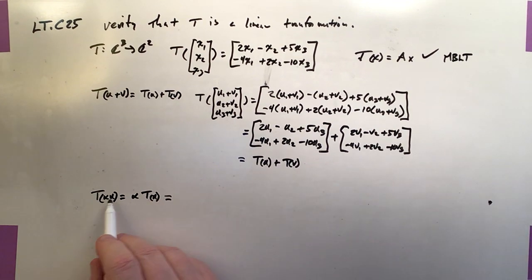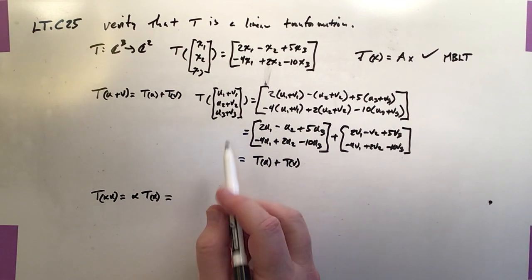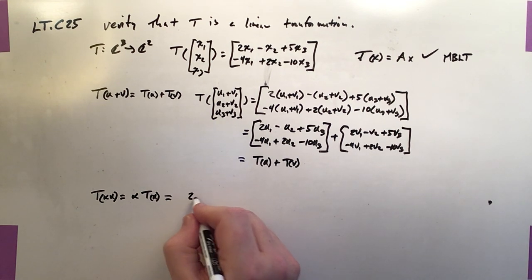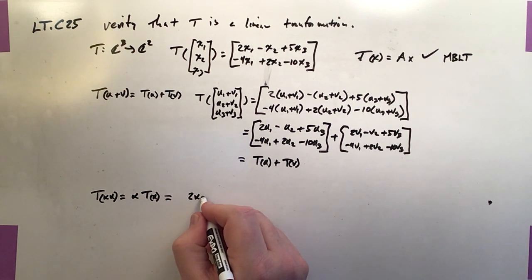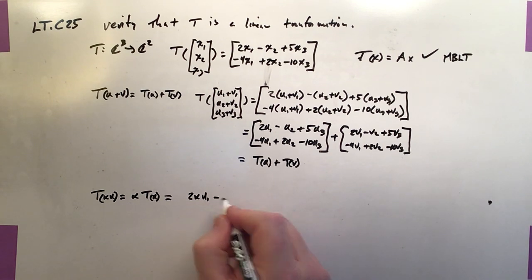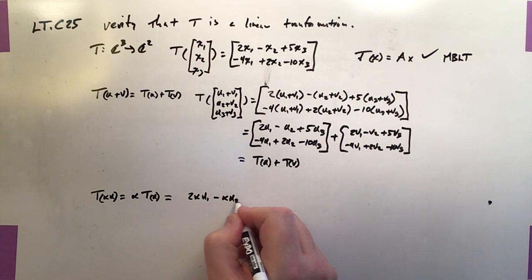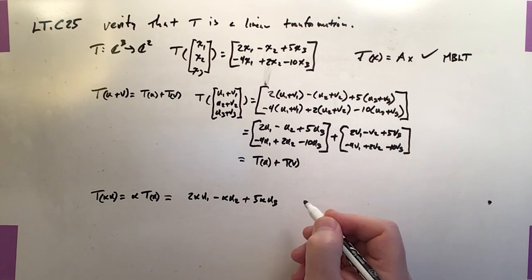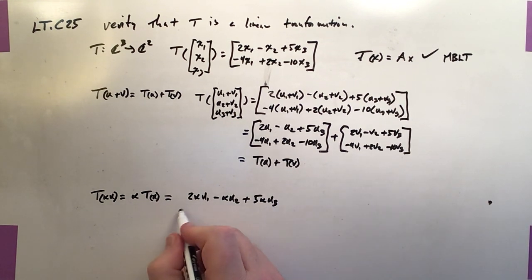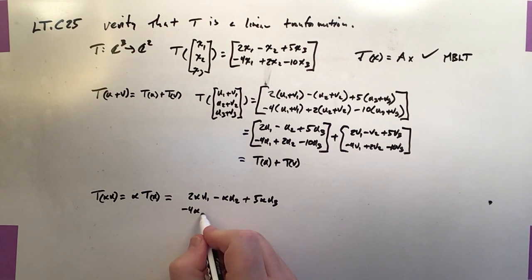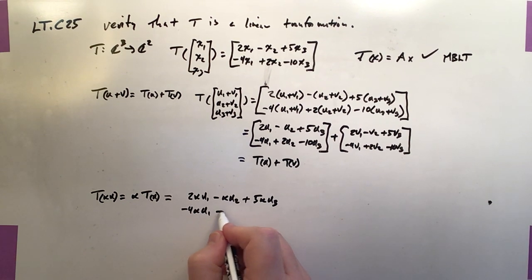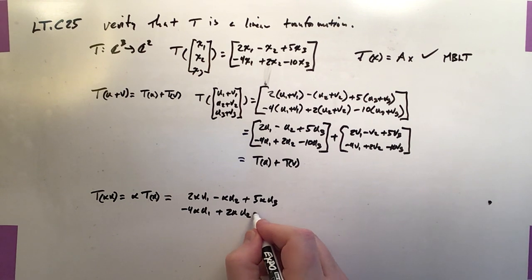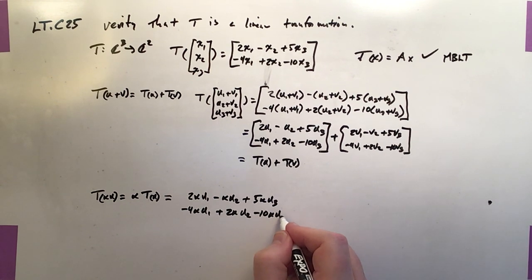So first, let's calculate T(alpha u), and of course that would be just 2 alpha u1 - alpha u2 + 5 alpha u3. And then the lower line would be -4 alpha u1 + 2 alpha u2 - 10 alpha u3.